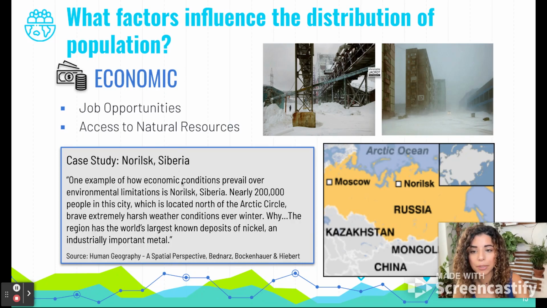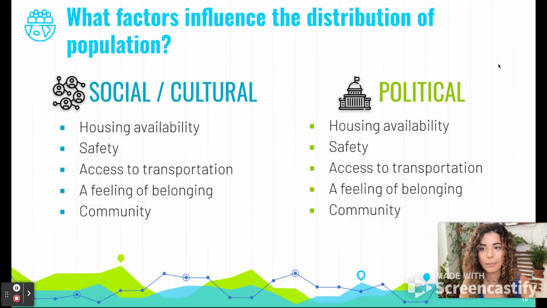In this example here in Serbia, I believe this is pronounced as Norliska, way up here in the north, a generally uninhabited area is now inhabited because they have a lot of nickel deposits. Being able to harvest that natural resource is a very compelling economic reason for companies to set up areas there and then for people to go for those job opportunities.